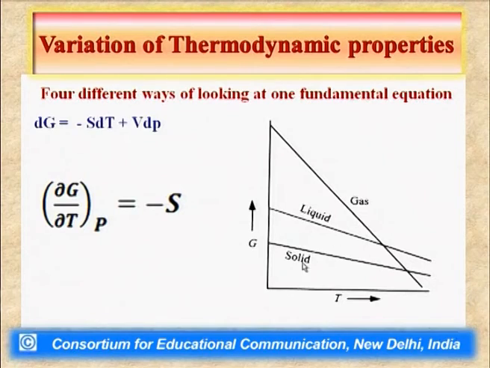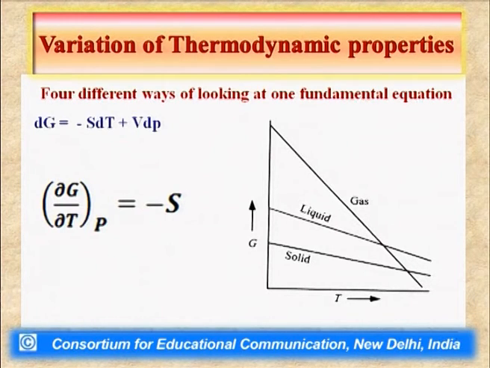Right, dear viewers, in this session we now turn our attention to the change in Gibbs free energy of the reaction system with change in temperature. As you could see, this is again related to the differential coefficient S. Since the molar entropy of liquids is lesser, you could see the slope for dG by dT, which is the slope of the G versus T curve, is lesser as compared to the curve for the gaseous system, and it is higher compared to the solids.